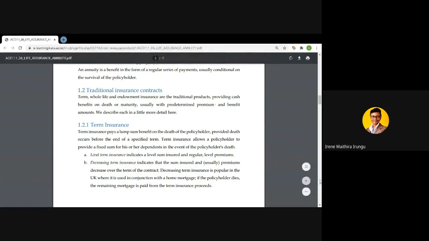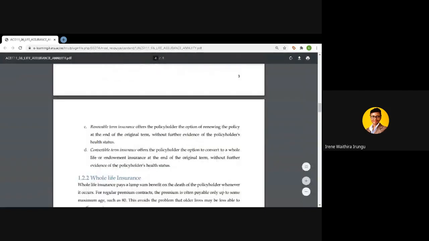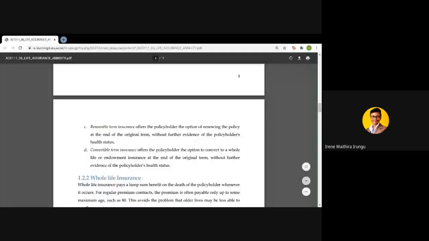So we also have the renewable term insurance, and this offers the policyholder the option to renew the policy at the end of the original term without further evidence of the policyholder's health status. So remember, we have said that under this type of contract, if the policyholder survives to the end of the term, the beneficiaries or himself or herself will not actually be paid any monies.